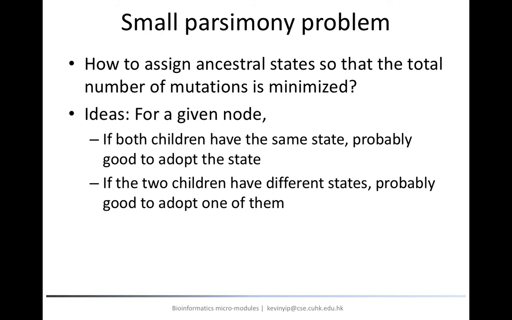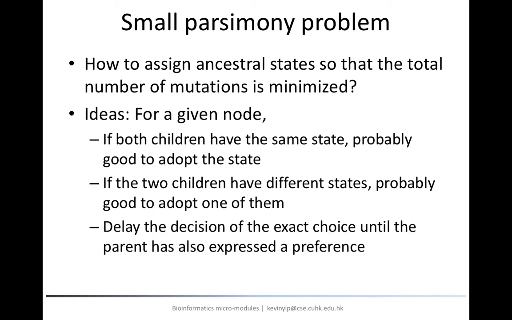On the other hand, if the two child nodes do not have any preferred nucleotides in common, this node should keep their preferences in mind and try to adopt a nucleotide among their preferences. Exactly which nucleotide to adopt can be decided later until the parent of the current node has made its decision.